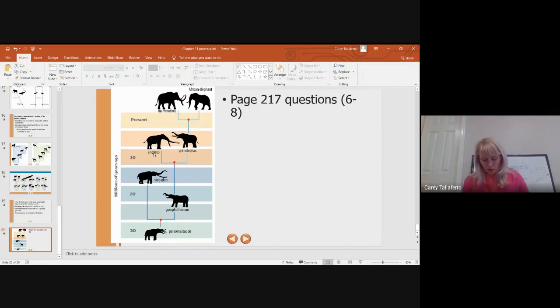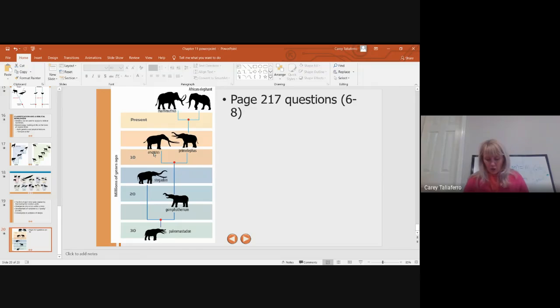It says, according to a naturalistic worldview, which animal is the evolutionary ancestor to all the other animals? Now, again, this is just a snippet of a type of phylogenetic tree. Remember, we have thousands and thousands of these because there are so many different types of organisms.